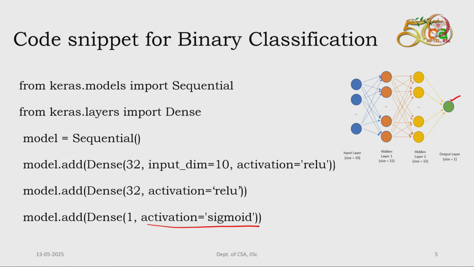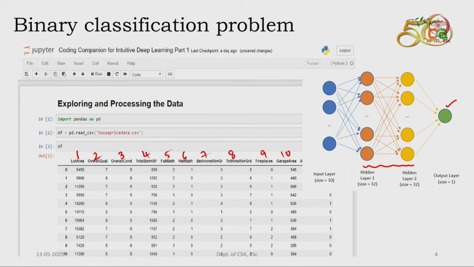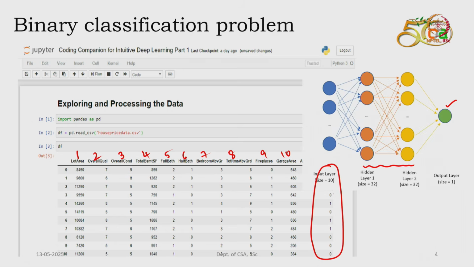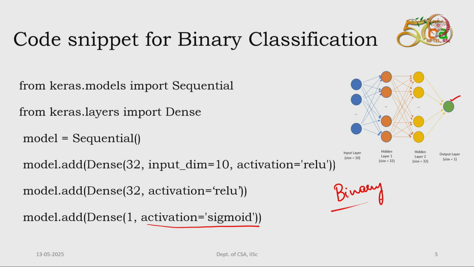Let us quickly summarize what we have discussed so far. The problem definition that we have considered is binary classification. If you go back, you will see that at the output layer we just have two classes, 0 and 1, therefore it is a binary classification problem.